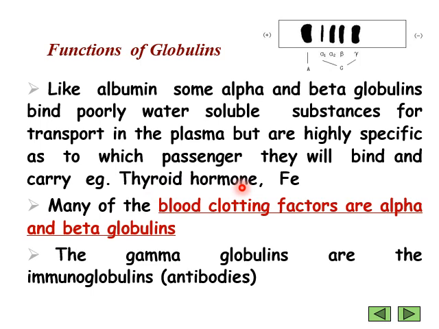There is iron binding globulin, known as transferrin, which binds iron only. There is sex hormone binding globulin which binds only the sex hormones. So this is how they are specific to which substance they bind.